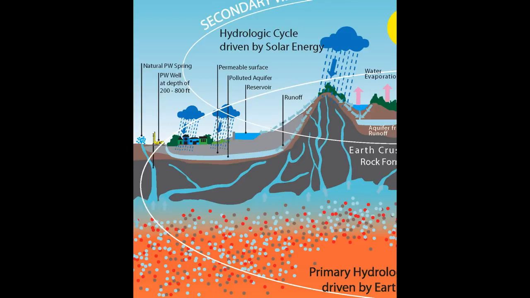Because you see, not only do we add water to the aquifer from the surface through the permeability of the soils, but also if on the top there are entrances to the lower portion of that aquifer.